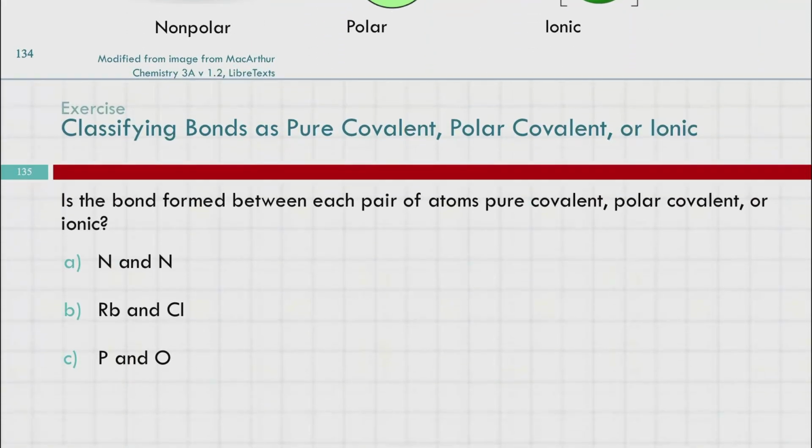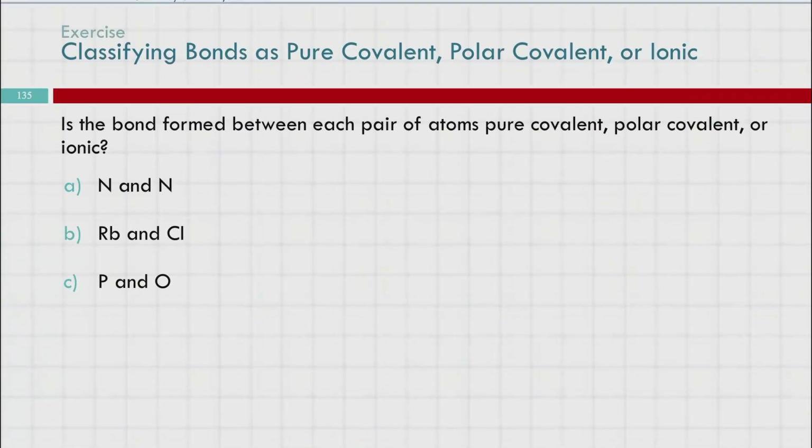All right, for each of these compounds, you can use your yellow sheet because you've got the electronegativity values on there if you need them. Is the bond formed between each pair of atoms pure covalent, aka nonpolar? Is it polar covalent, polar? Or is it ionic? So go ahead and try to identify those.